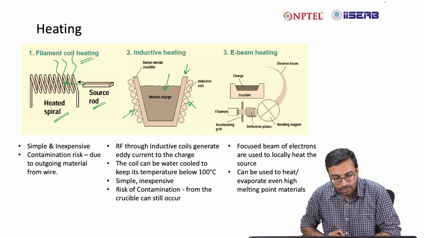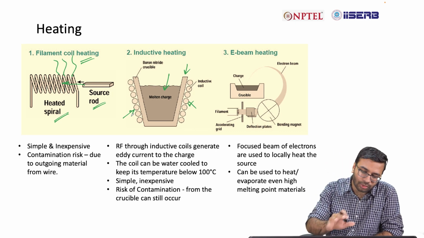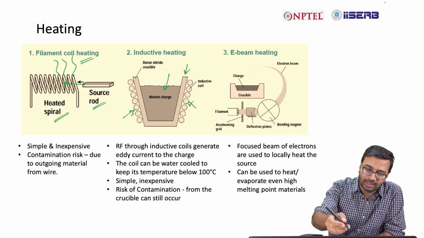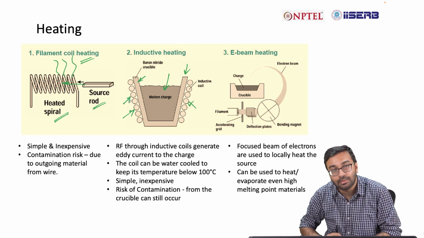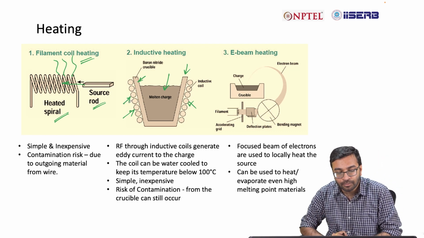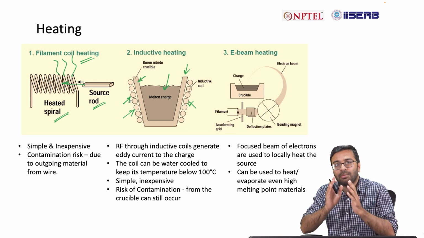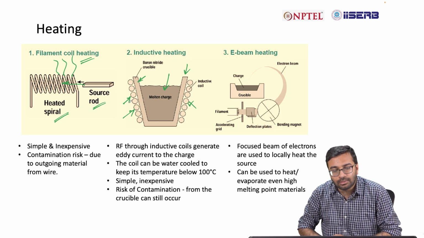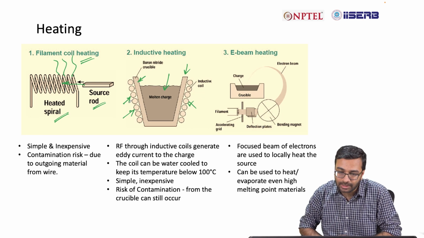In this case also it is simple and inexpensive, and it also has a certain risk of contamination, because it has a crucible material and it has the inductive coil material. So, they also can start evaporating at high temperature and can create certain contamination on the film that you are creating.